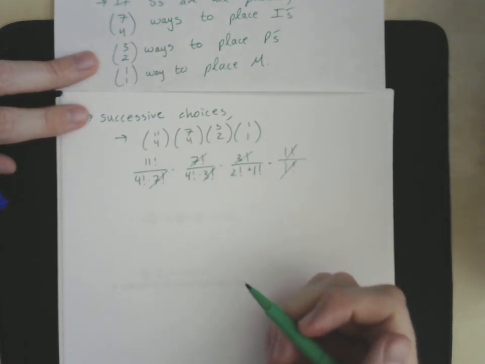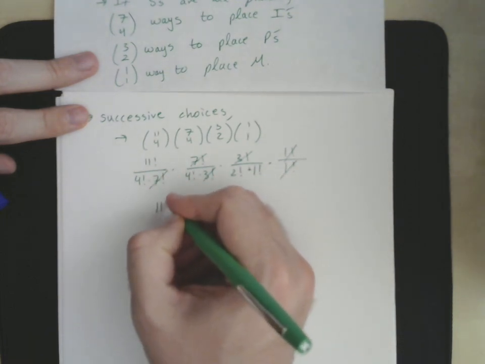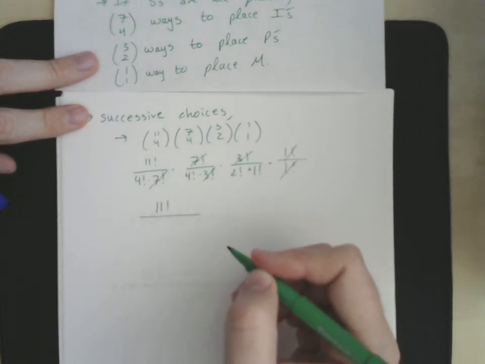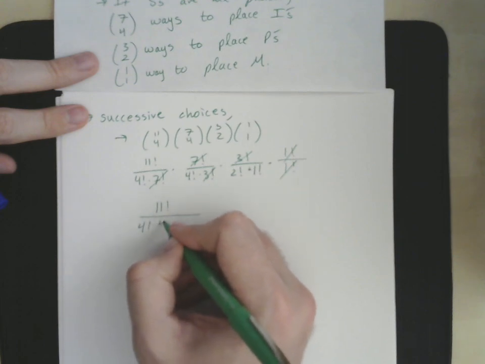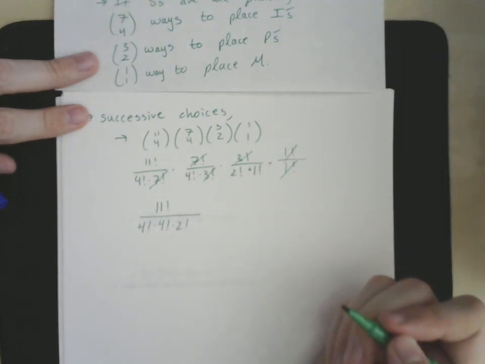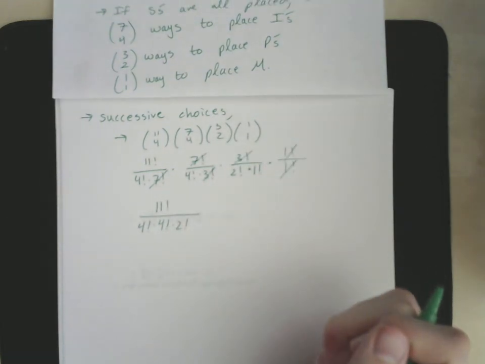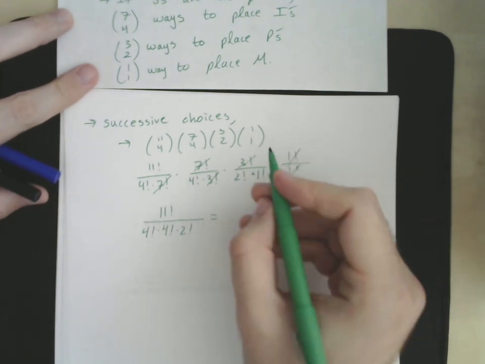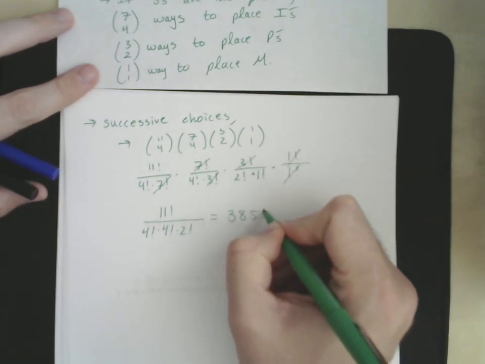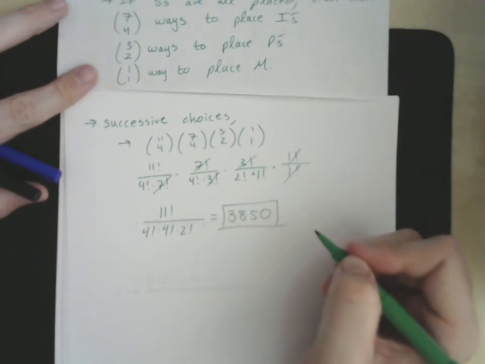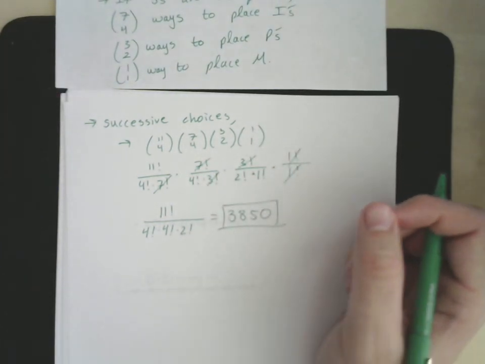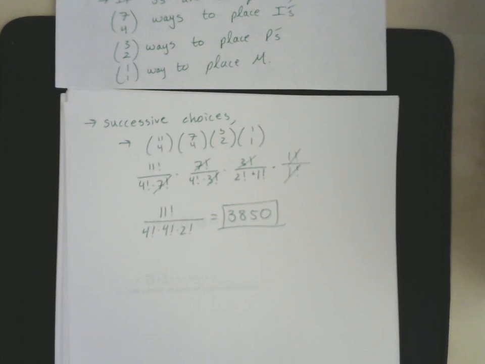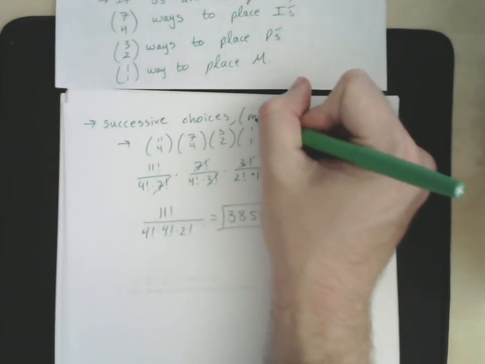And we end up with 11 factorial over 4 factorial times 4 factorial times 2 factorial. And if I've done my math correctly, this becomes 3,850. So that's how many distinguishable ways we could place the 11 letters. So remember, successive choices means multiplicative.